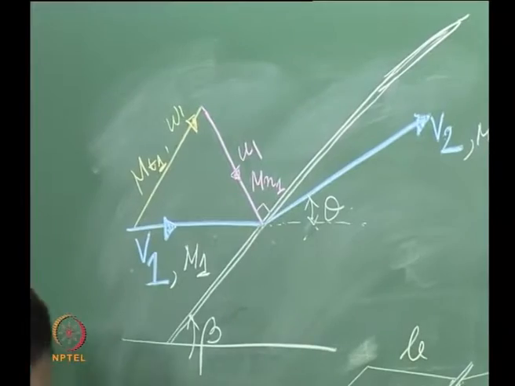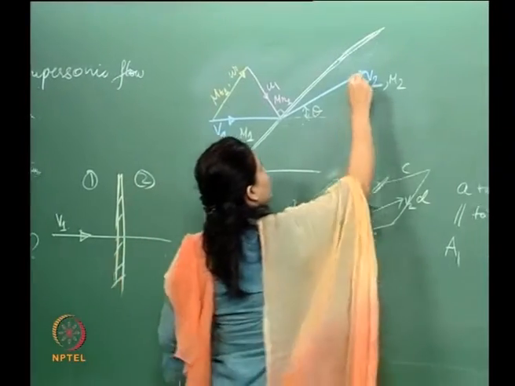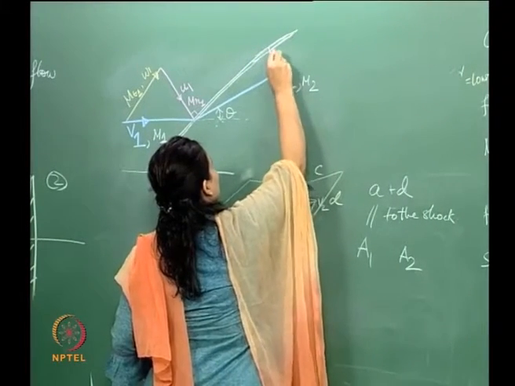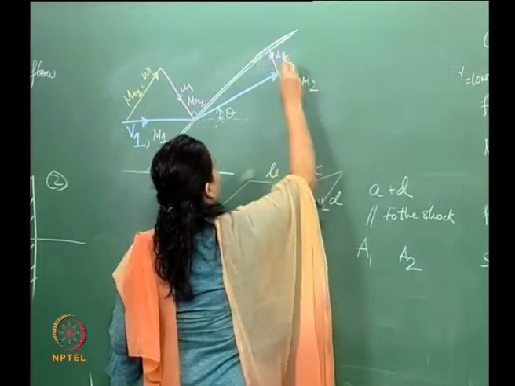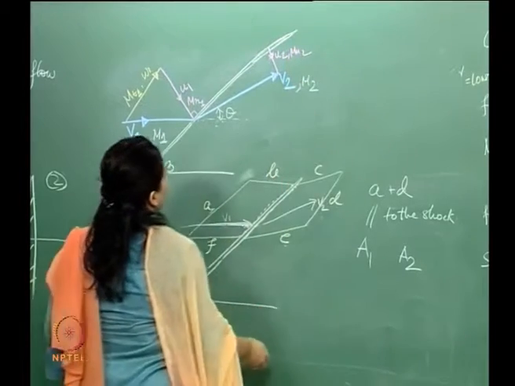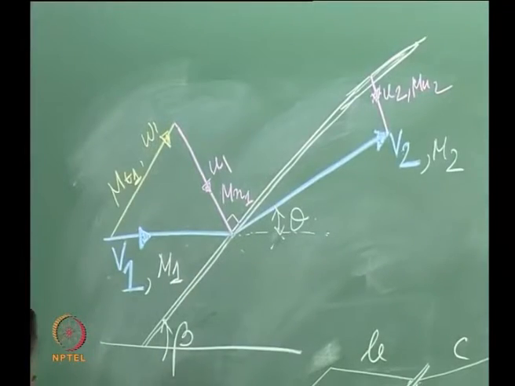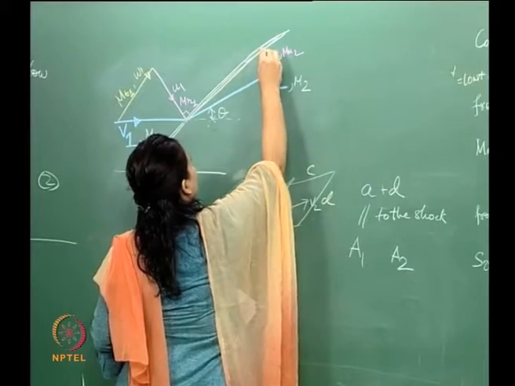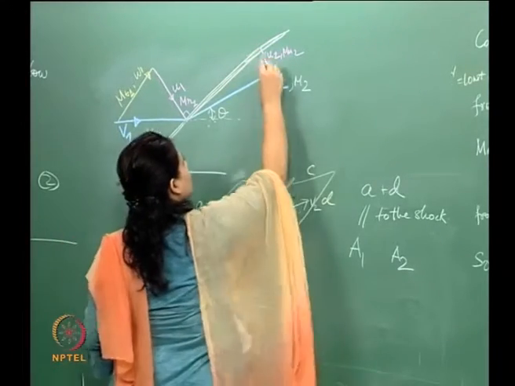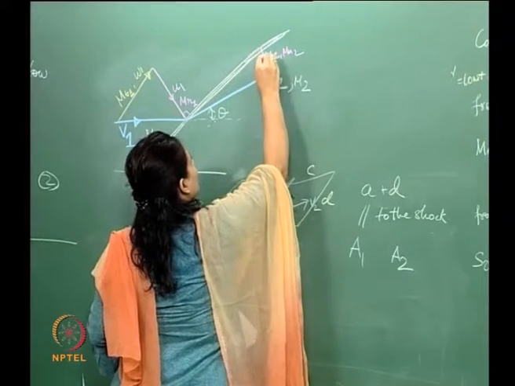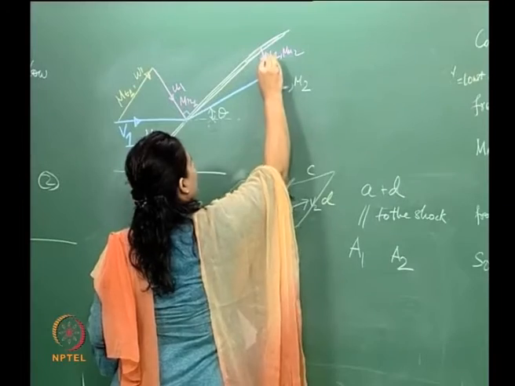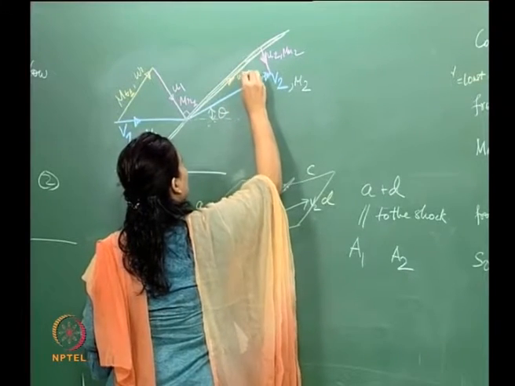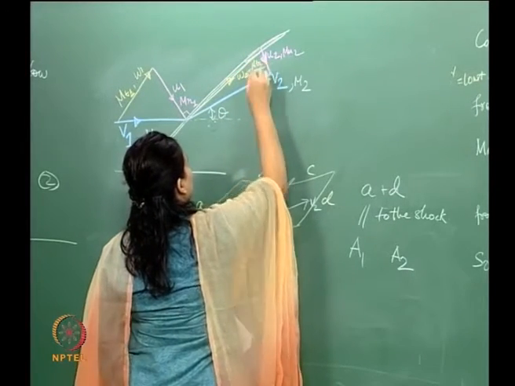Okay. So, similarly on the right hand side we will do the same thing. We will drop a perpendicular, and this is my u2 and the corresponding Mn2, and this is w2 and Mt2.